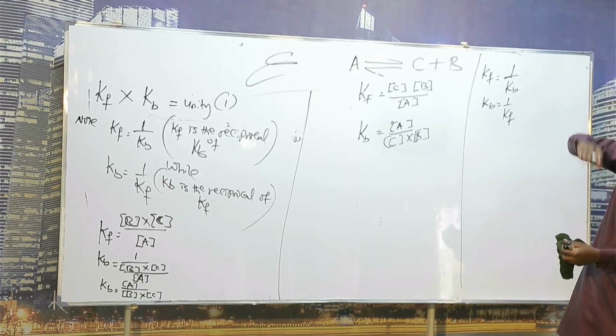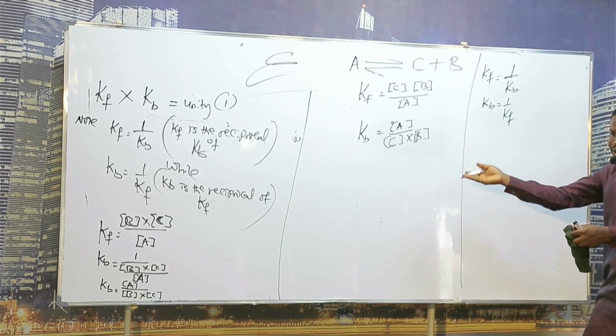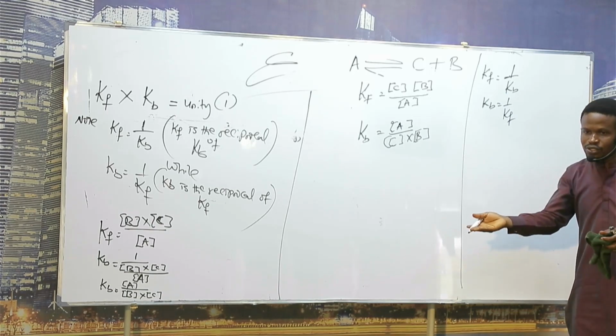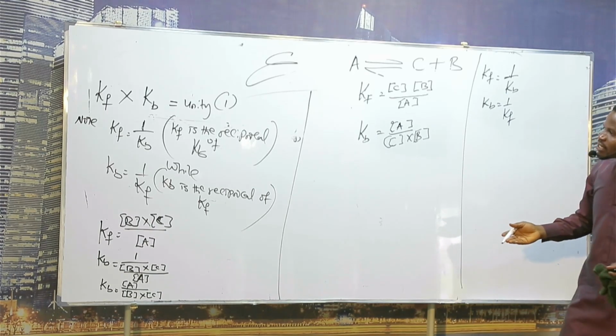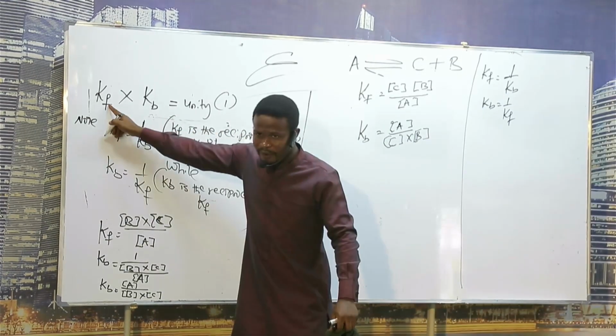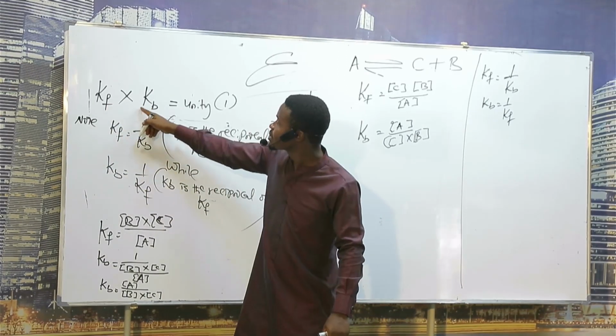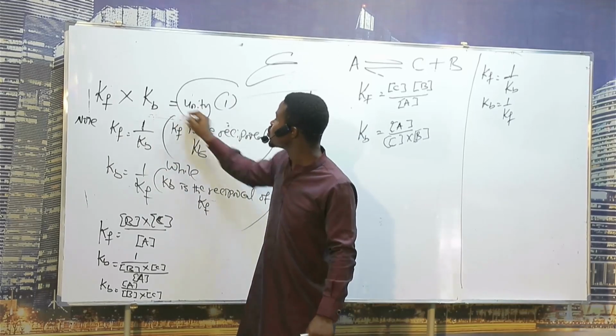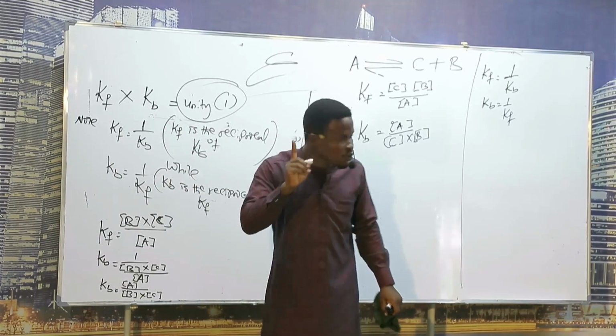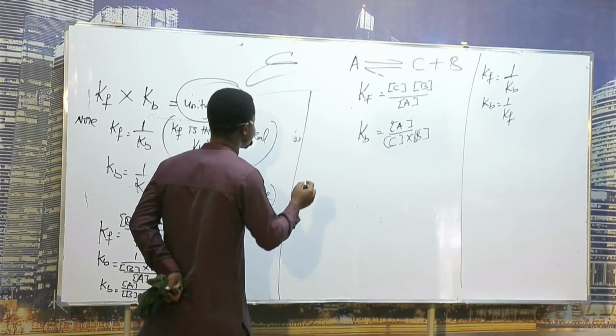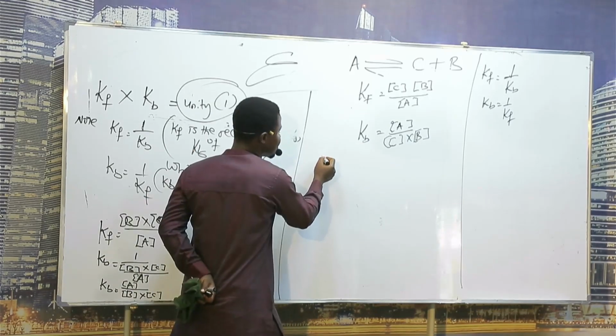If you turn this one the other side, you get the other one. And I say that KF, the rate constant for the forward reaction, times that of the backward reaction is what? Unity. Meaning, let's multiply it.